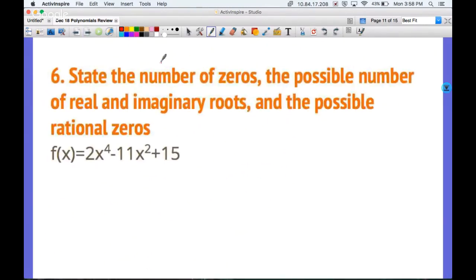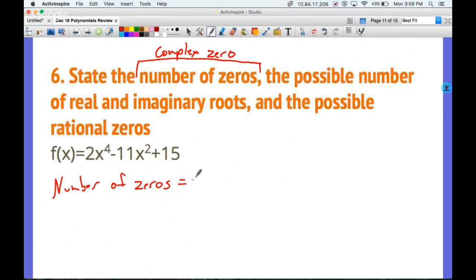All right, state the number of zeros, the possible number of real and imaginary zeros, and the possible rational roots. So when it says number of zeros, sometimes we'll see this as complex zeros, because complex includes all things rational and irrational and imaginary. So number of zeros equals 4.